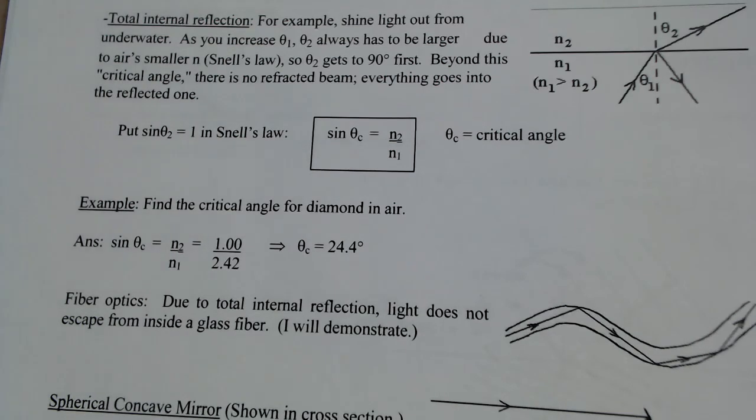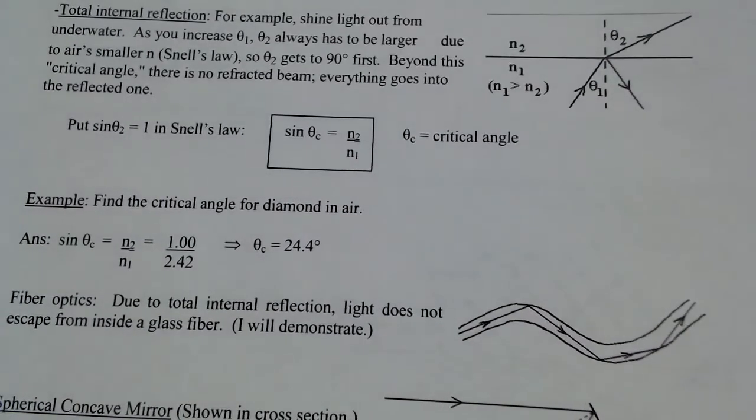For a more technological type of application of this sort of thing, total internal reflection is what keeps the light inside of optical fibers. I was going to demonstrate that, but because the period's going to be over in just a couple of minutes, maybe I'll show you that at the beginning of the next class.